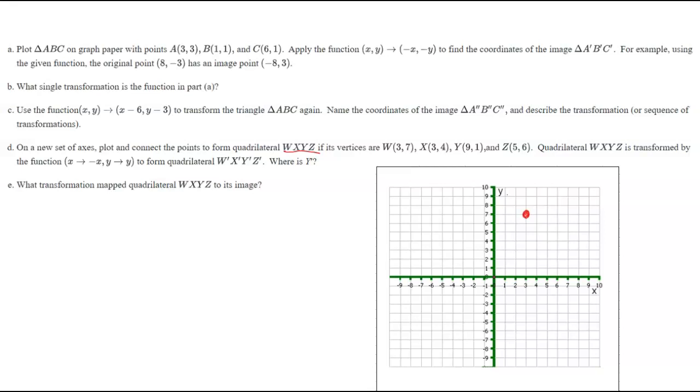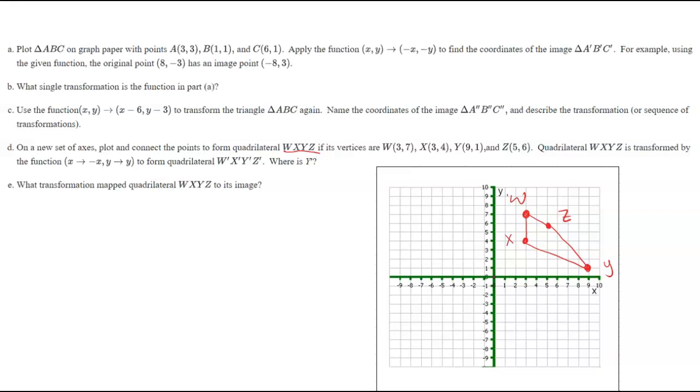So it looks like that's my W. And then 3, 4 is my X. 9, 1 is my Y. And 5, 6, looks like it's right about there, is my Z. So I connect, connect, connect, and then connect, something like that.